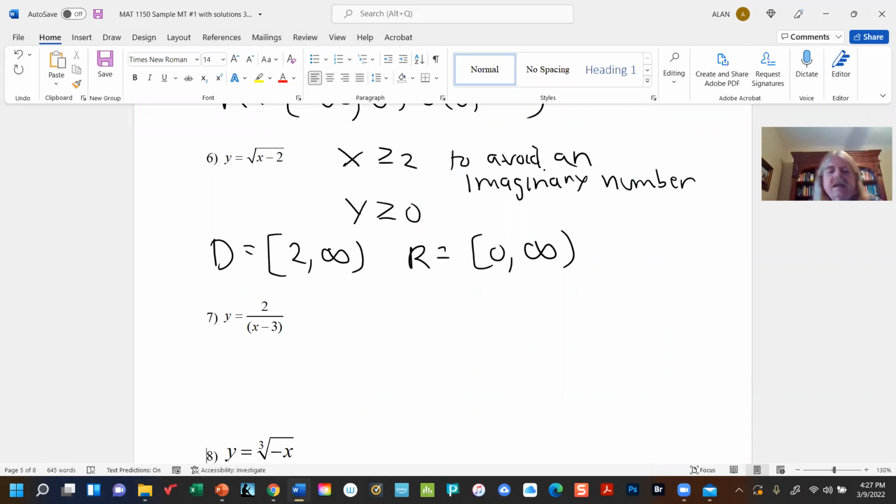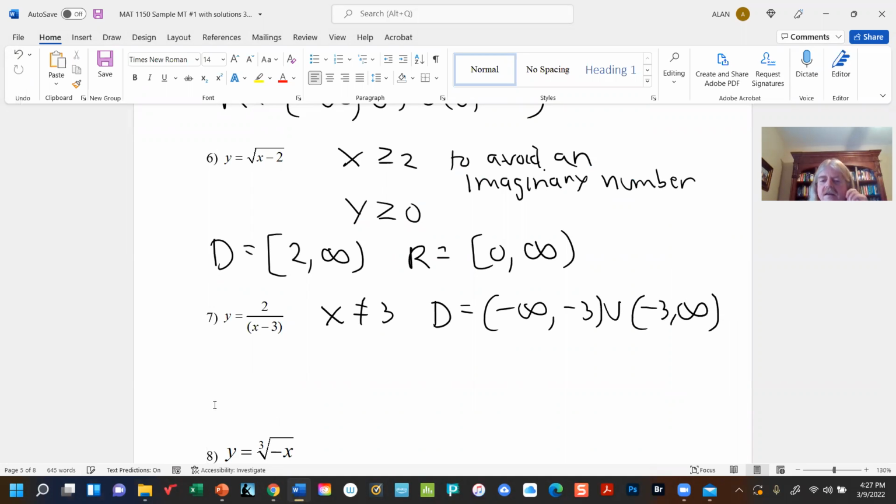Well, clearly x can't be 3. So the domain is everything up to and not including -3. And just like we saw before, there's no value of x at which y equals 0.